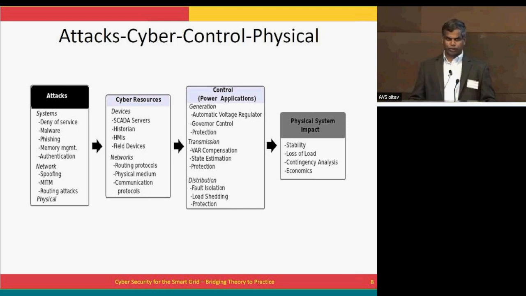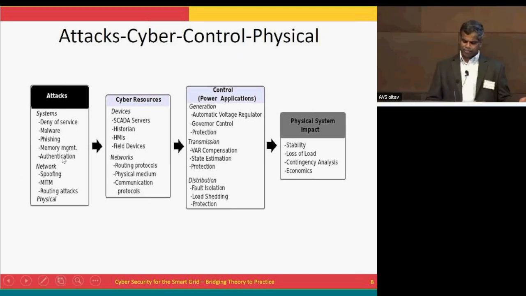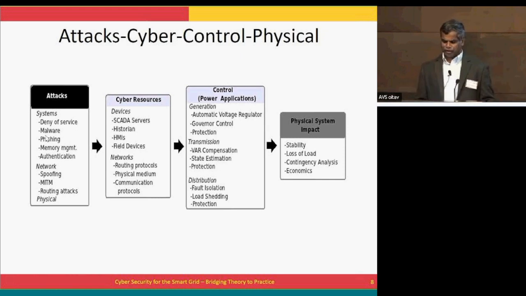to distinguish something. In the very first slide I mentioned that the modern power grid, or smart grid, is a cyber physical system. I'm going to introduce one more layer: it is a cyber, control, and physical system. There is a control layer between cyber and physical. On the left, you see the systems and networks, like servers, the devices and so on; those are part of the cyber elements.